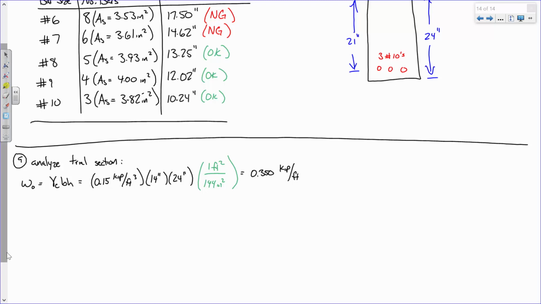What did we get in step 1? 0.142. So during design, we assumed that the beam would weigh about 142 pounds per foot, but when we actually pick the section, it's like 350. So this beam is way heavier than we assumed. So when we look at our actual moment, it should be larger. So I just want to indicate right here that this is heavier than we assumed.